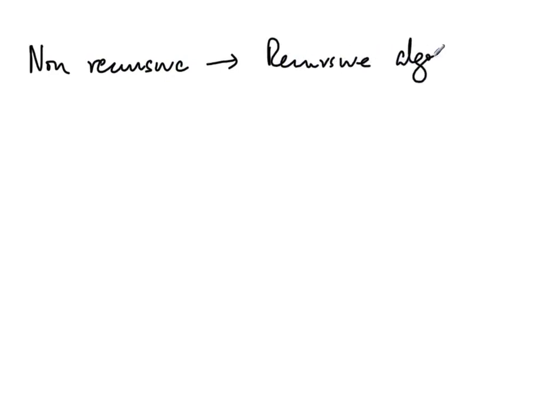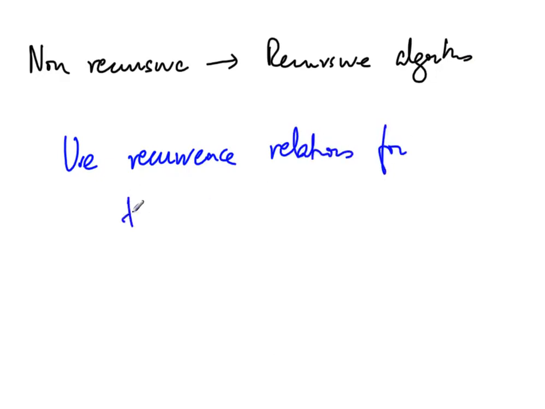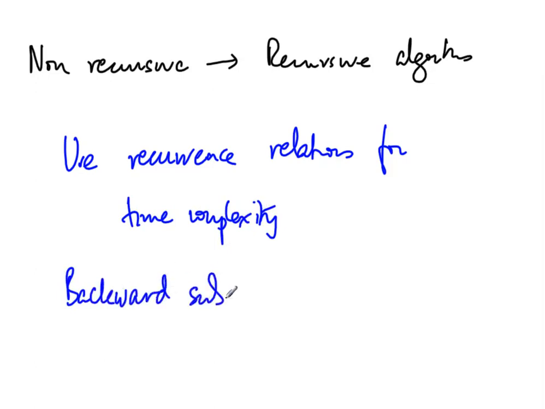When we go from non-recursive to recursive algorithms, we use recurrence relations for the time complexity. And having set up a recurrence relation, we typically use backward substitution to solve it. There is a rich theory of recurrence relations, and some patterns are complicated even to do with backward substitution, so you have to work carefully to do it.